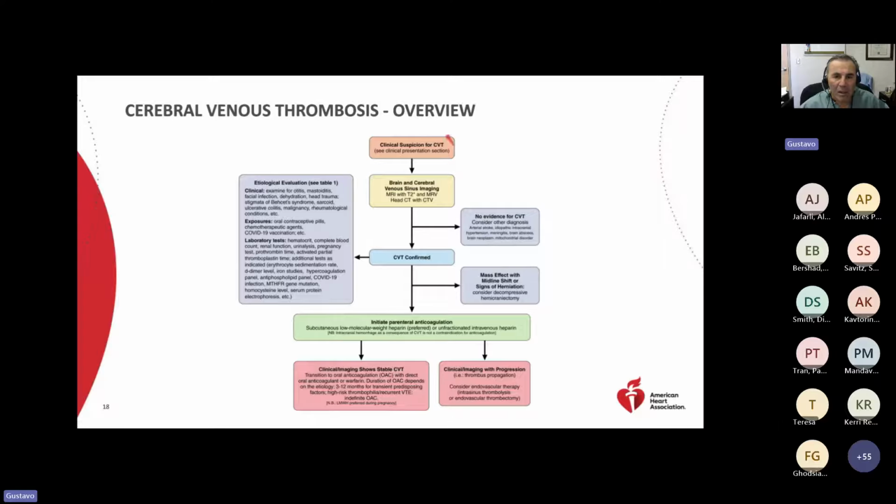So at the end of the day, we discussed the clinical suspicion and how to identify or use brain imaging, and the question now is about what will be the management or treatment.